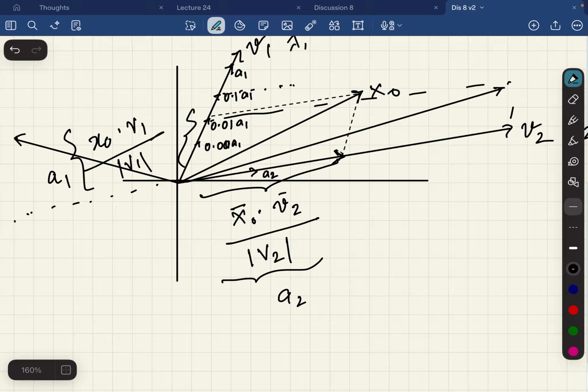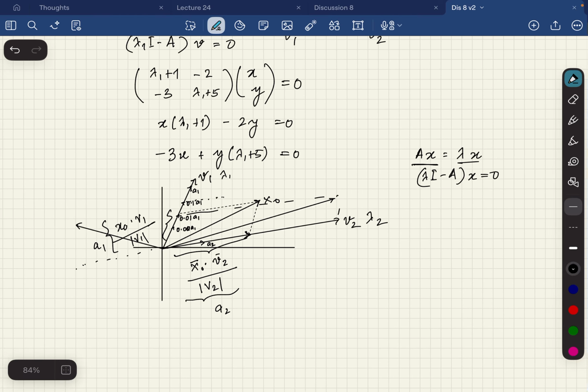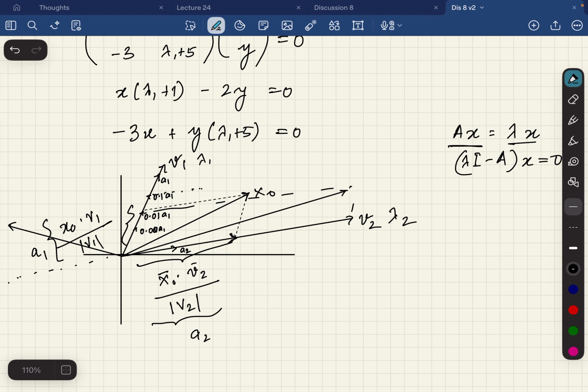So can you see that for the one which had the larger eigenvalue, the vector is slowly getting attracted towards that direction, and its magnitude in the other direction is decreasing, and in the direction of the larger eigenvalue it's increasing, right? So this is how the system matrix affects your state.